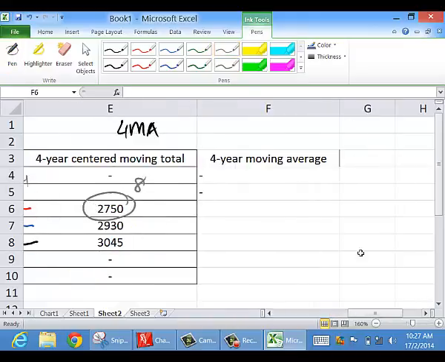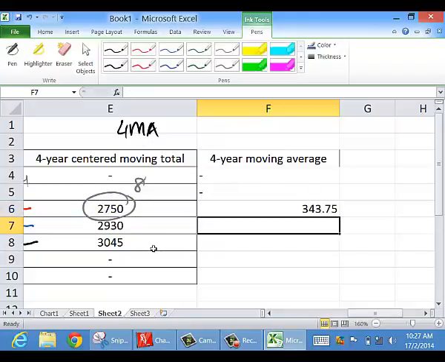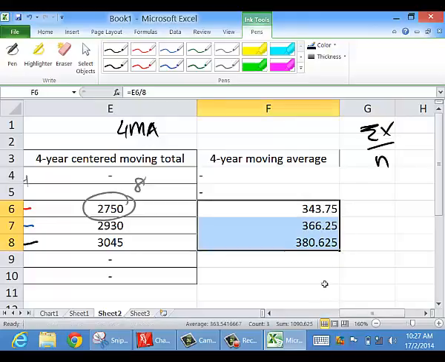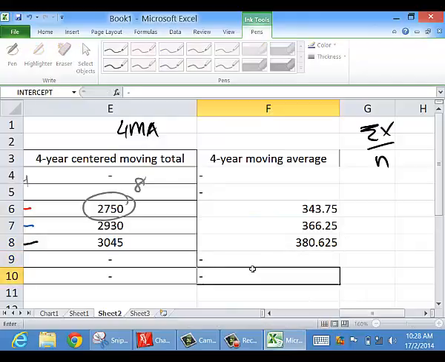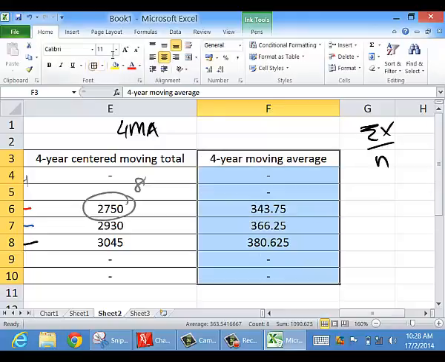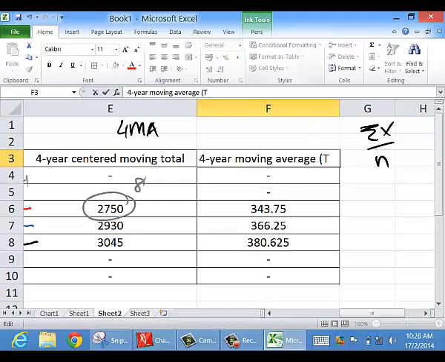So that's why you need to divide this value by 8, according to the formula of average, summation of x divided by n. So the same goes to the next value. So this one null. Boleh ke? So this is the value of moving average. This is your trend value. So this is your trend value. This is your T.